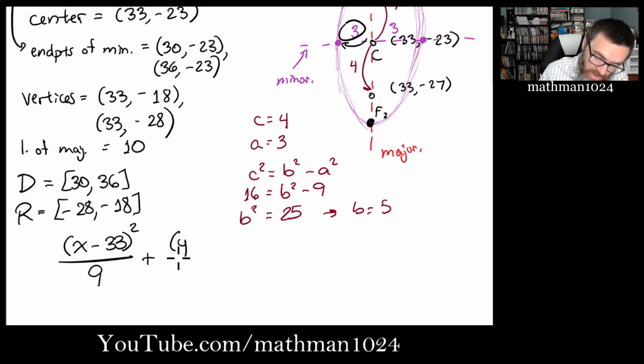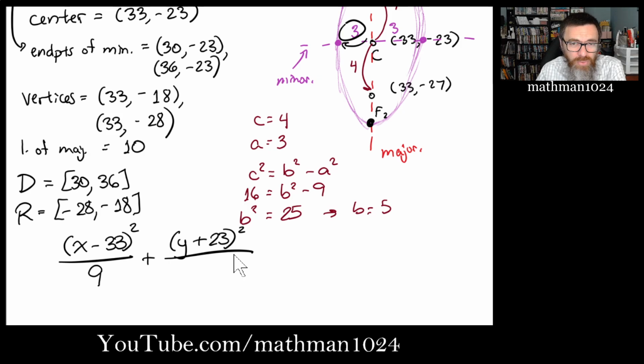Plus y plus 23 squared, because that's the y coordinate for my center. My b value is 5, so 5 squared is 25, and this equals 1. So there we go. Piece by piece, we were able to put all of this together.